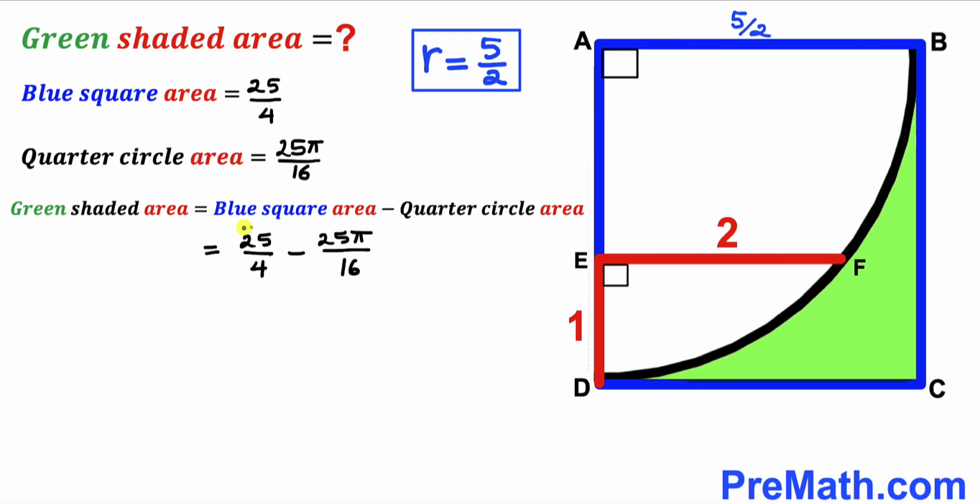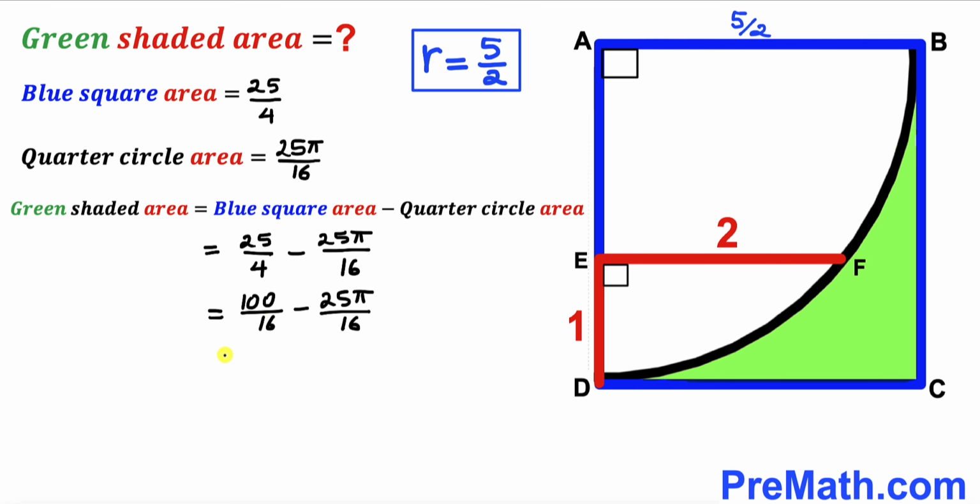Now I'm going to tweak this term. This could be written as 100 divided by 16. So we could write 100 divided by 16 minus 25 pi divided by 16. Now we have the common denominator 16.